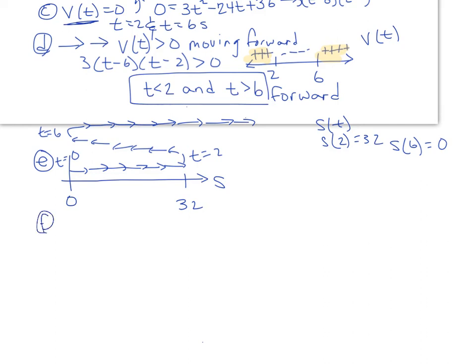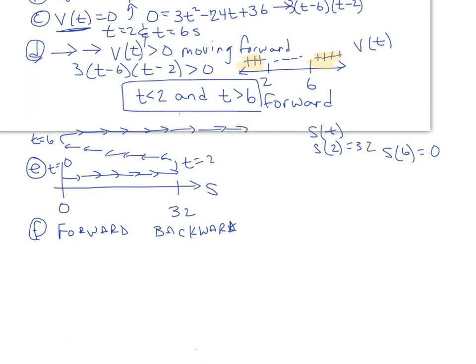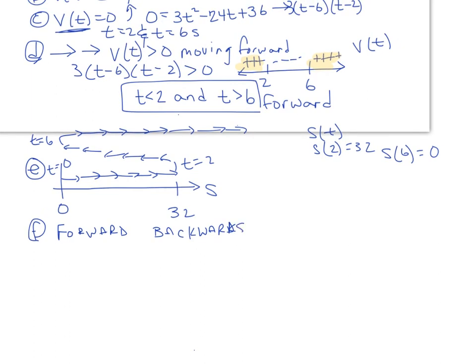And I need to know when it's forward and backwards. And I need to add these. All right, so backwards. I can spell that. All right, so right here, I have intervals from 0 to 2. It's moving forward.